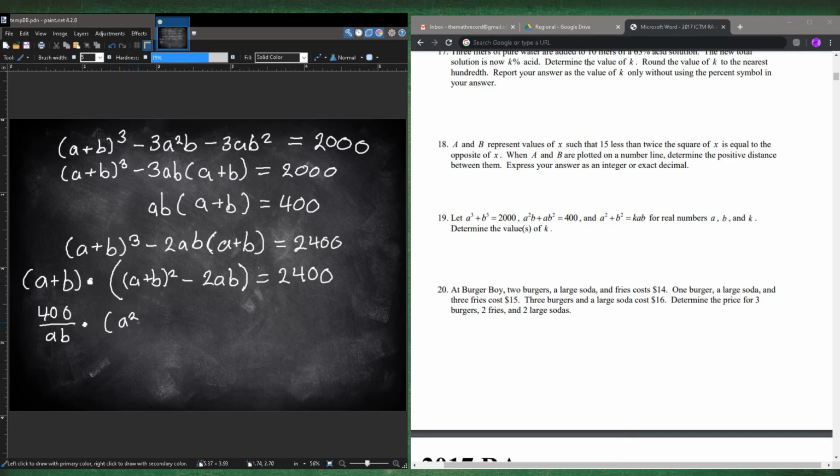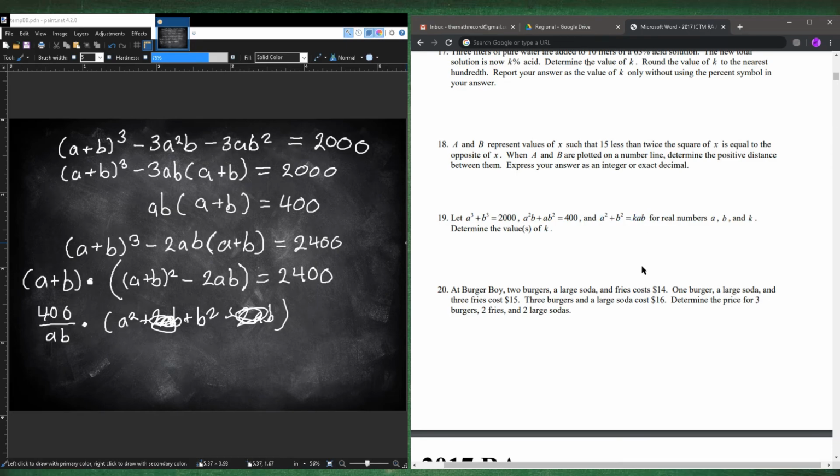That's a squared plus 2ab plus b squared. And then we still have this term, minus 2ab. Let's see how nicely these two cancel out, because this is plus 2ab and this is minus 2ab in the parentheses. So these two cancel out, and we get a squared plus b squared, which is what we're looking for, right? Oh, sorry about that.